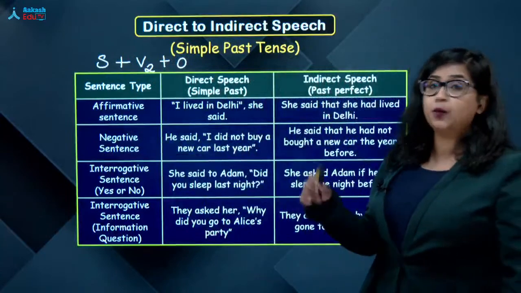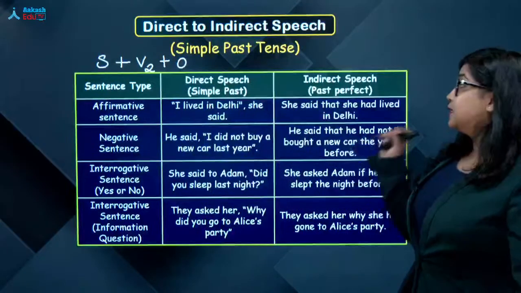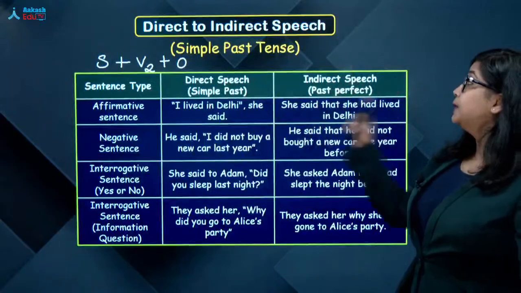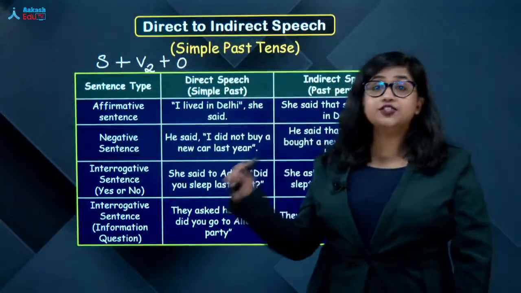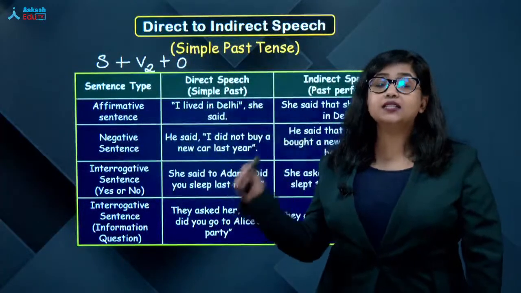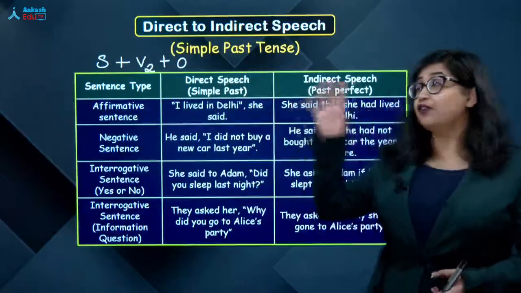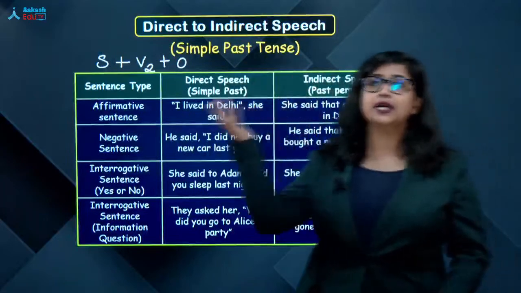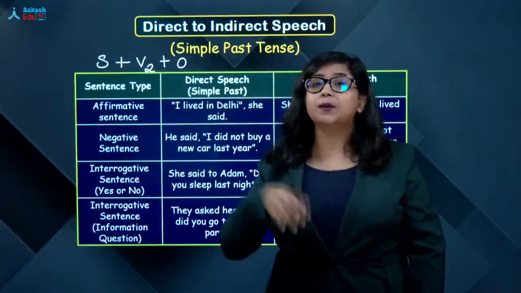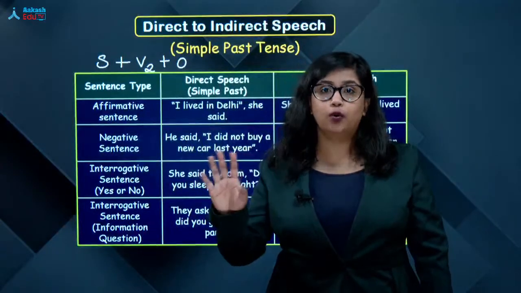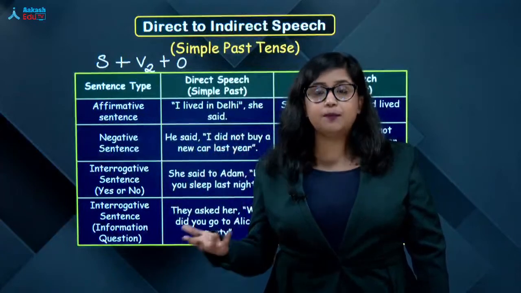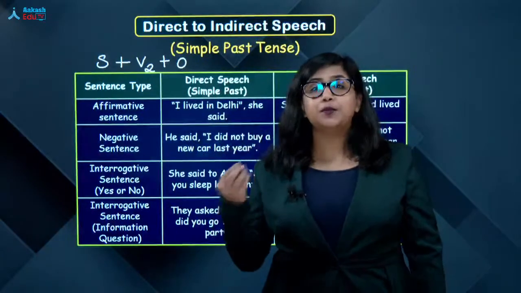Now please remember that your simple past tense changes to your past perfect tense. A lot of people think that because simple present has changed to simple past, simple past will change to simple present. No. Simple past will change to past perfect tense.